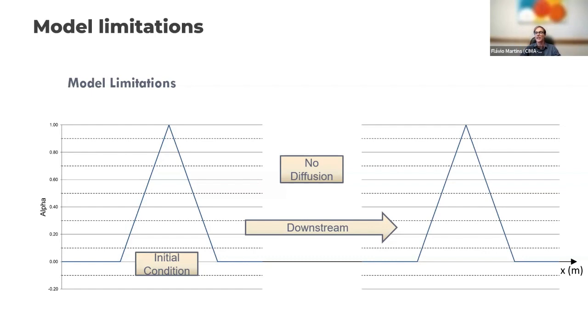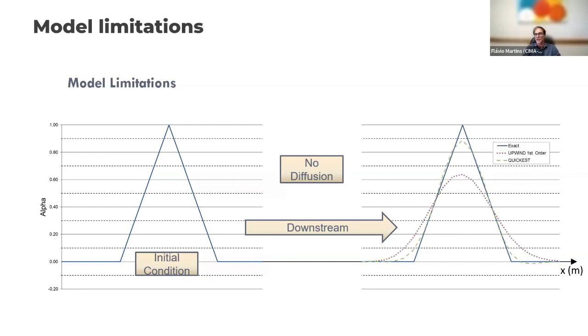But if I use a model to simulate this, even if I set the diffusion term to 0 and don't enter with the diffusion, what I get is something like this. I never manage to have the correct solution.